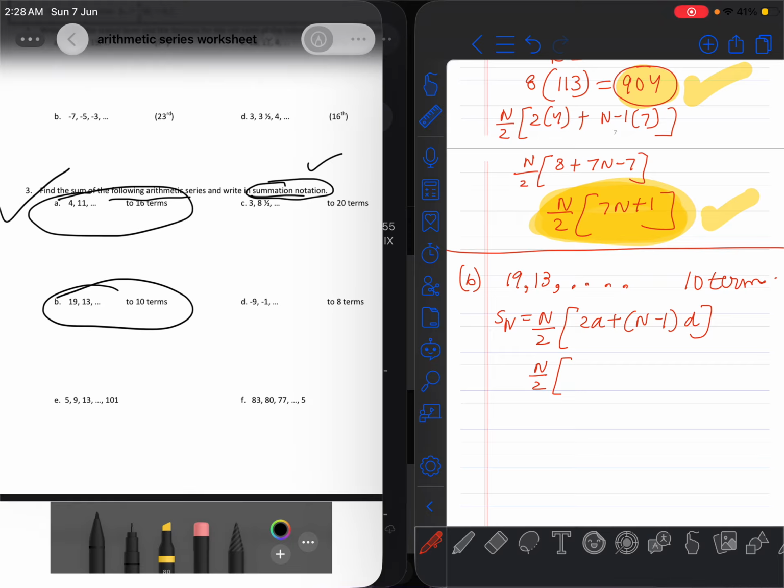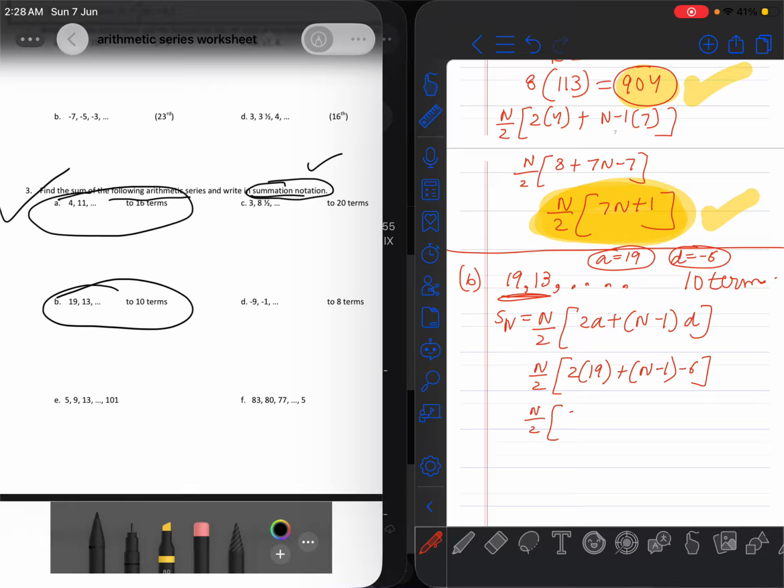Here a is 19, the first term, and d is the second term minus the first term, 13 minus 19, which is minus 6. So for 2a we use a as 19, n we don't know, and d is minus 6.